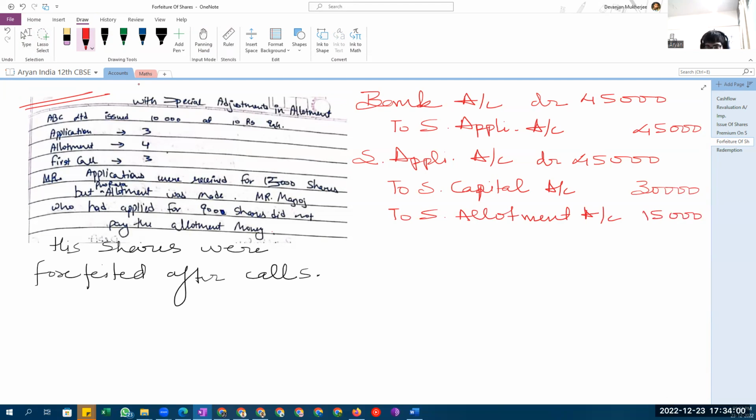Okay, 5,000 extra money is sent to the allotment.